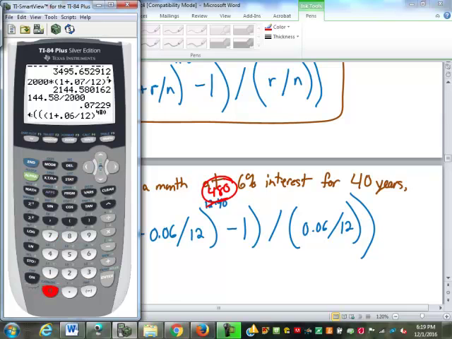Notice after I type in the 480, the cursor is still up there in the power. I have to either hit the right arrow or the down arrow to get out of the exponent. If you don't do that, it's going to put the rest of the formula up in that power, and it's going to really mess things up. So now that I'm out of there, I hit minus 1. That's my next step in the formula. Close parentheses. Divided by, open parentheses, 0.06 divided by 12. Close and close.